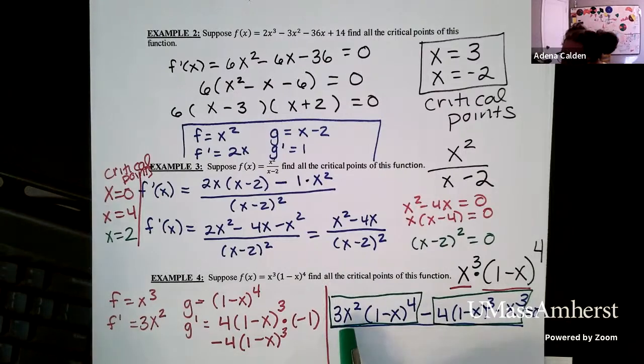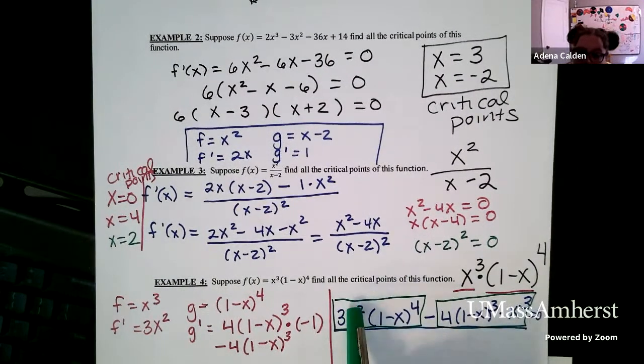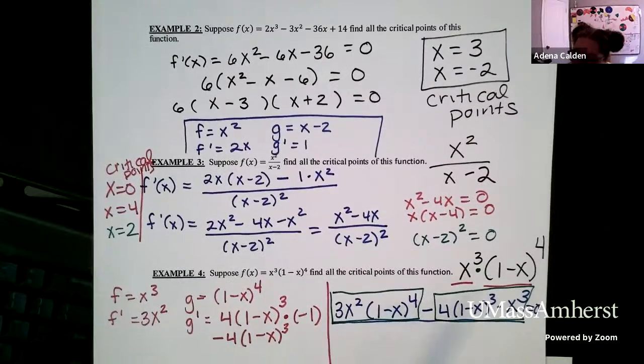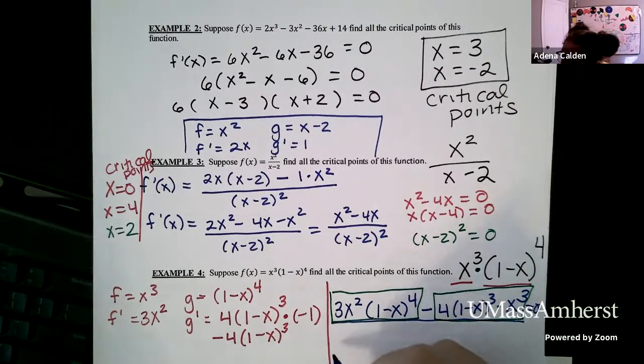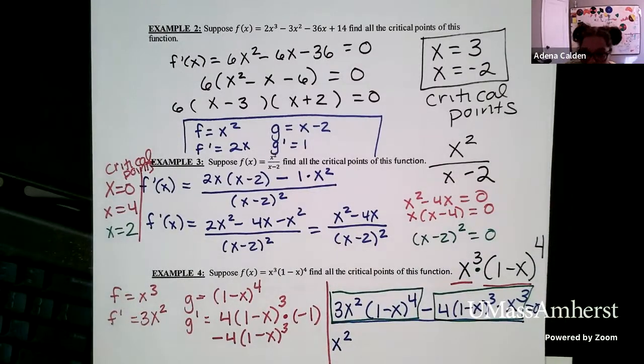So the next thing we would look at is this x squared. And we notice that we have an x squared and an x cubed. So both of these are an algebraic factor that have an x in the base. So what we do when that happens is we pull out the factor with the lowest power, right? So we have an x squared and an x cubed. That means we're going to pull out an x squared, okay?